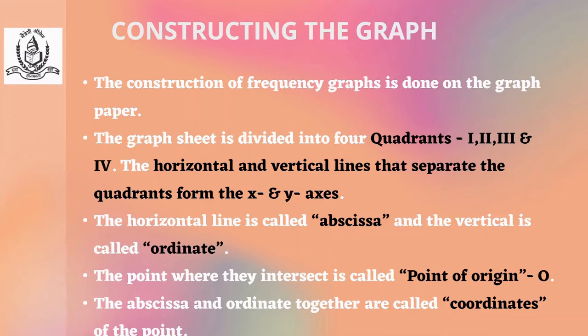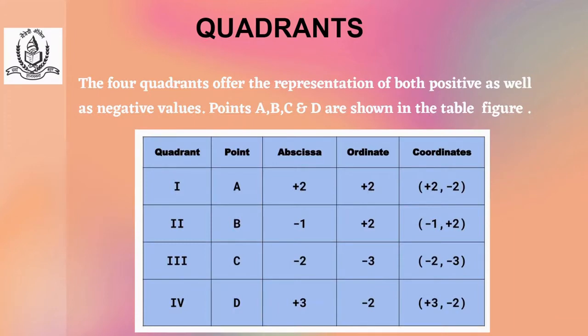The horizontal and vertical lines that separate the quadrants form the x and the y axes. Horizontal lines are referred to as the abscissa and the vertical as the ordinate. The point where they intersect is called the point of origin, O. Abscissa and ordinate together form coordinates of the point. This is what you send when you say, please send your location.